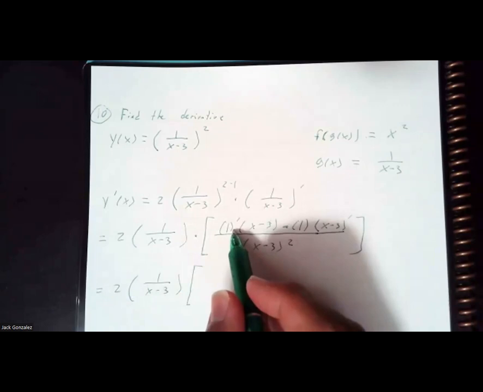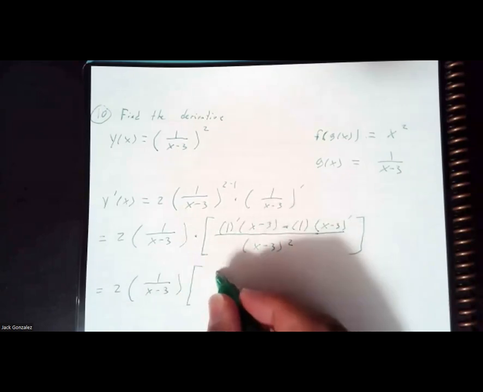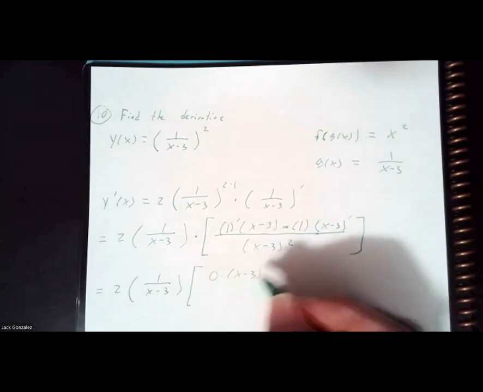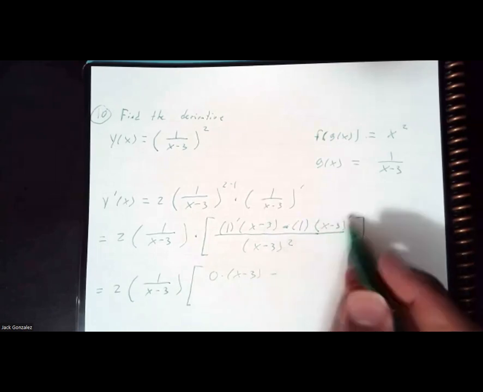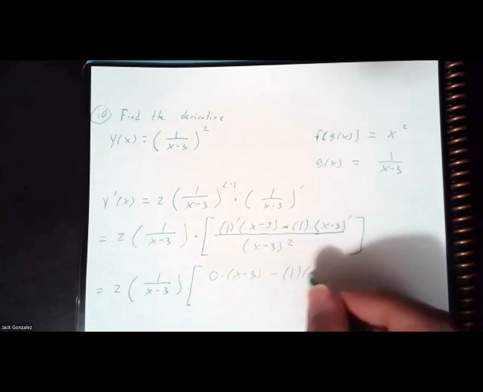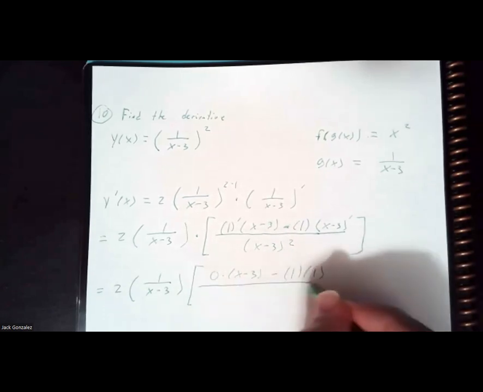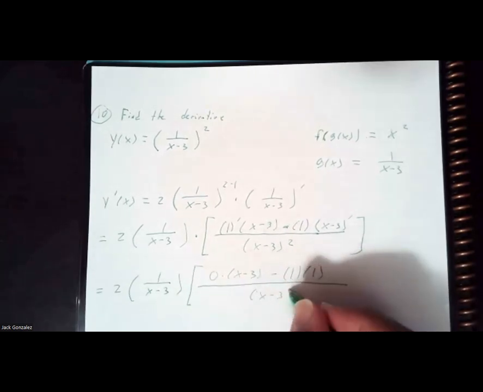So the derivative of a constant is 0, so that's just going to 0 out. 0 times this. Minus the derivative of this will be a 1, so that'll just be a 1 times a 1 over this nonsense. So that's not all that interesting, but it could have been worse, right? So we got 1 over x minus 3 times negative 1 over x minus 3 squared.